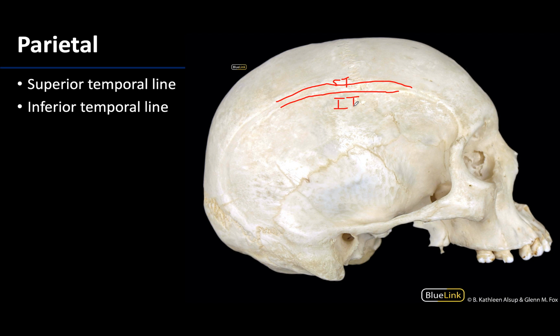Sometimes the lines are not very obvious, but they certainly are on this particular donor here. So just be aware that there are typically two lines and that the fascia is going to be associated with the superior temporal line, whereas the tendons of the temporalis muscle will be associated with the inferior.